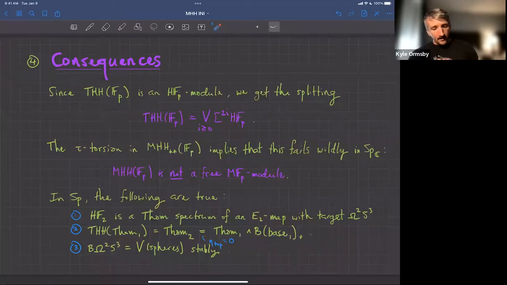And then finally, we have James splitting, which says that stably, if we take the classifying space of loops 2 S3, we get a wedge of spheres.